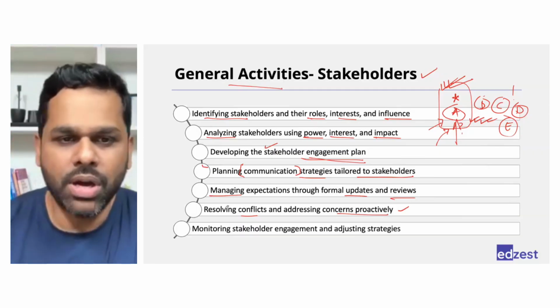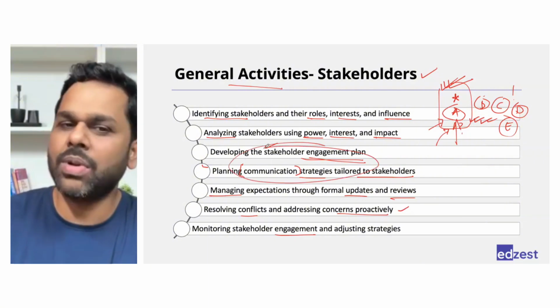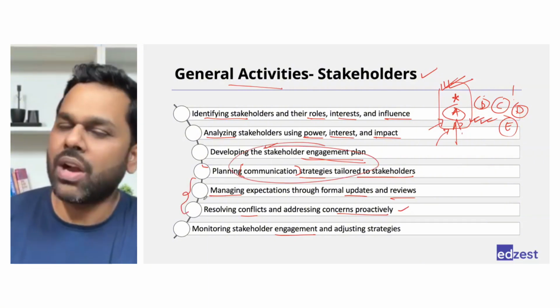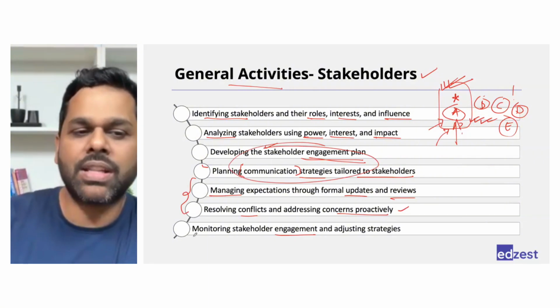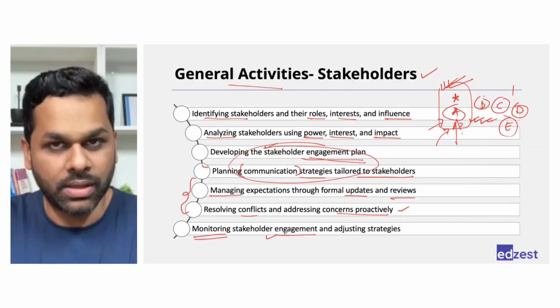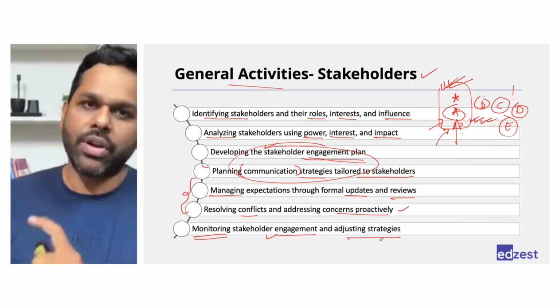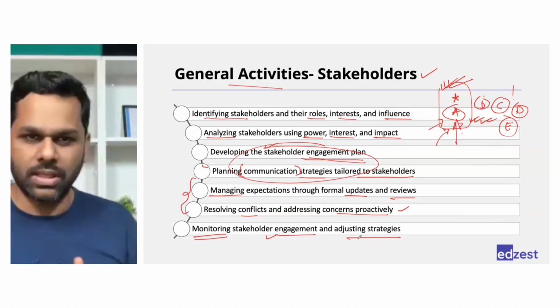Right? Then monitor the engagement, right? You have planned the engagement, you have planned the communication, you are actually implementing the plan. After that, keep observing whether the engagement was successful or not. Do you need to make any change or not? Make those changes. So keep monitoring and controlling throughout the project.